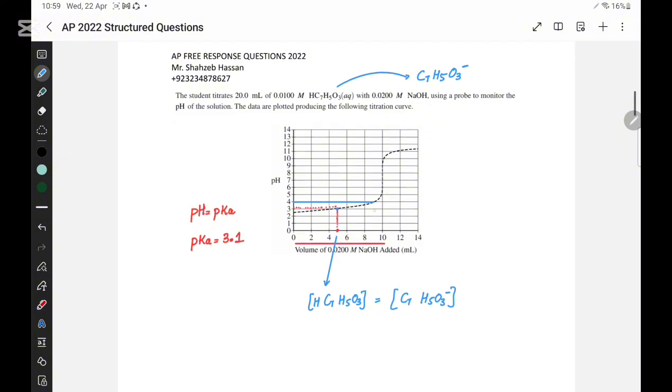But at this point you are going to see that as it is above the half equivalence point, then more amount of conjugate base will be present there. Conjugate base will be present because it is above the half equivalence point.